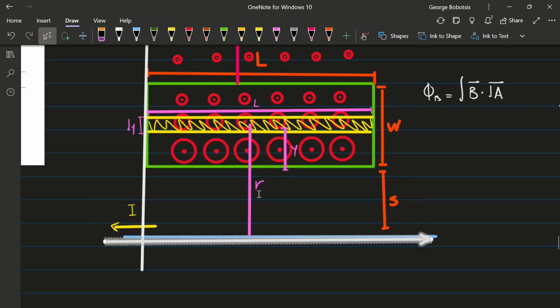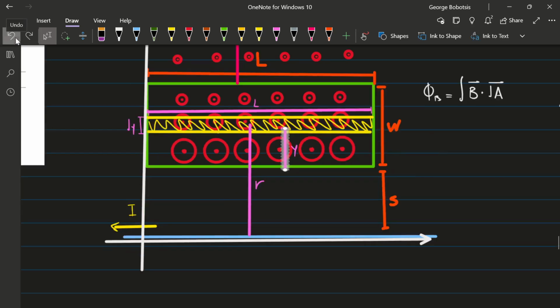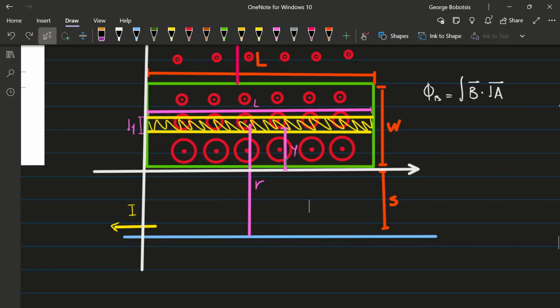If you would have moved the x-axis there, the R would have been exactly equal to Y, but then the bounds would have been from S to W plus S. Either way, you're going to pay a small price here for the adjustment of the axis. I will put it like this, it looks nicer in my eyes. Personal opinion.